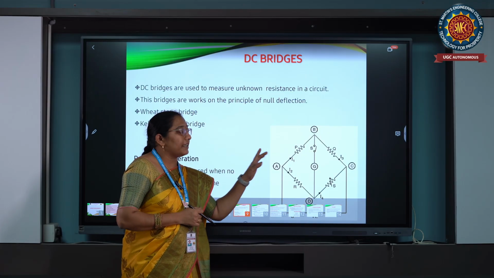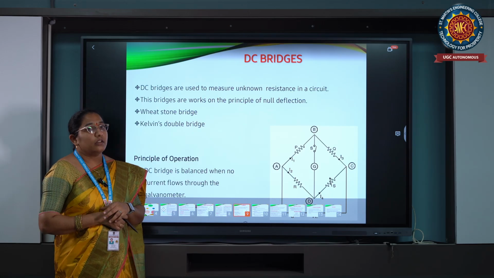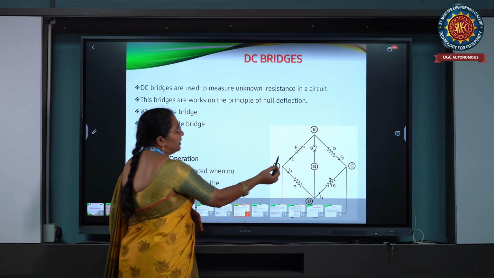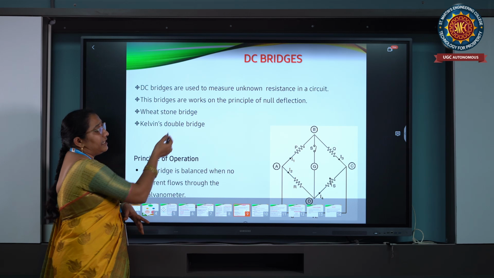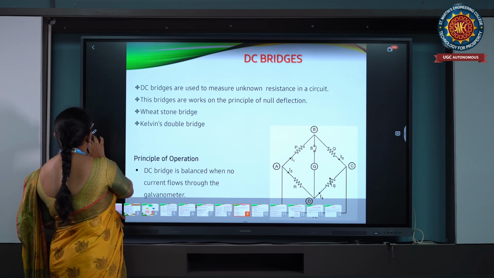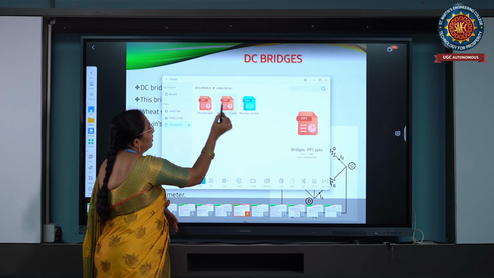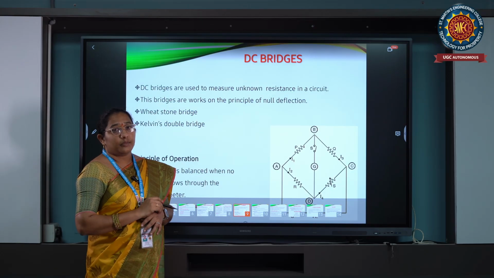That is why we measure only resistance values. In DC bridges we have two types of bridges, Wheatstone and Kelvin's bridge.